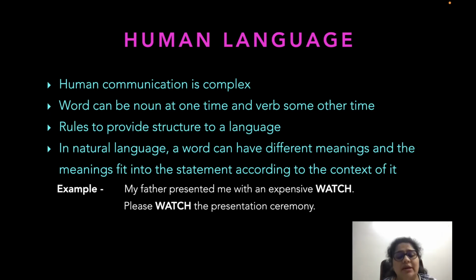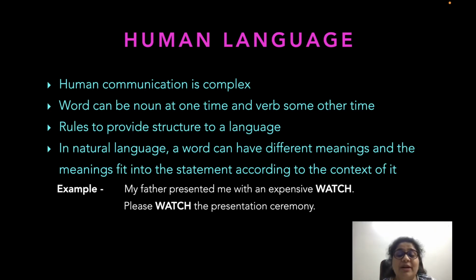In this statement itself, I can see noun, pronoun, verb, adjective, everything. So many parts of a sentence, and in so many ways one sentence or one word can be presented. That itself makes human language very complex.